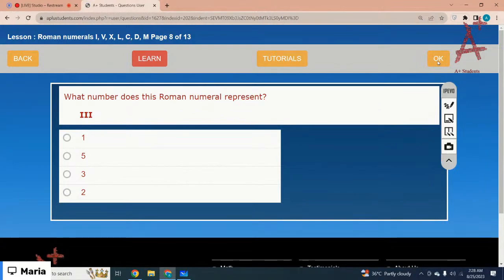What number does the Roman numeral represent? I and I represents 3.